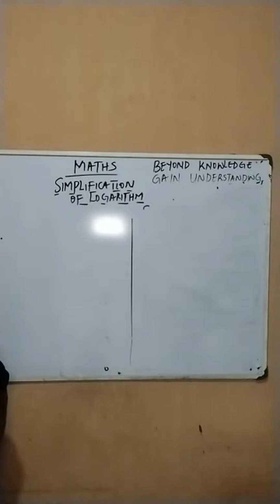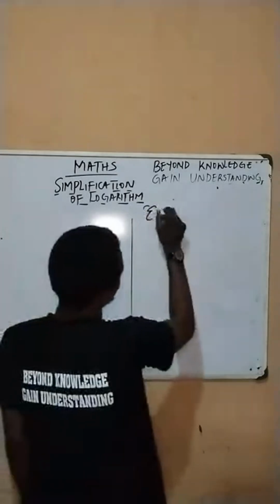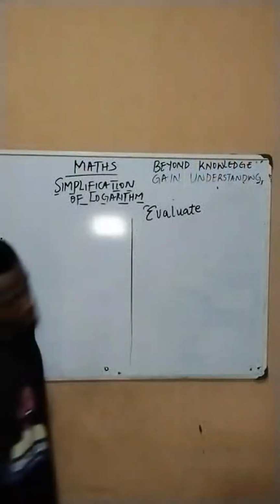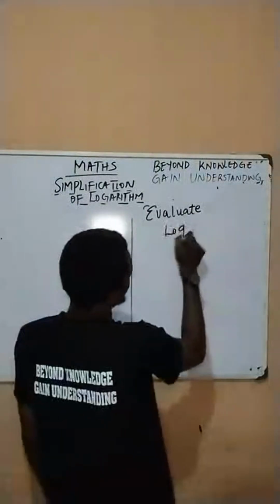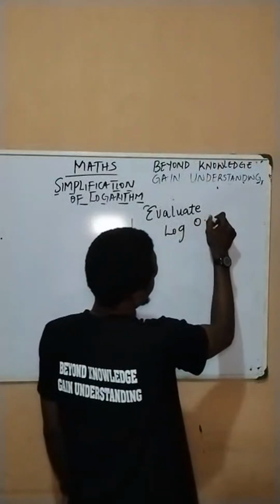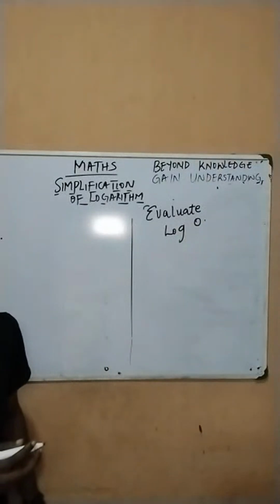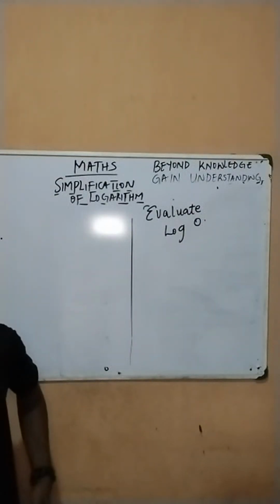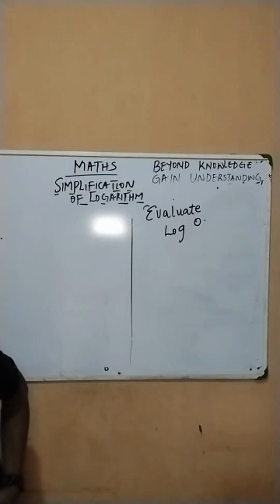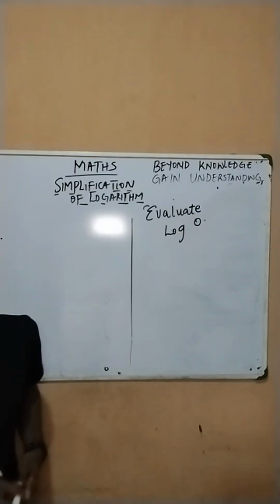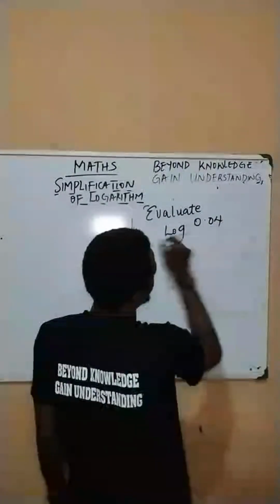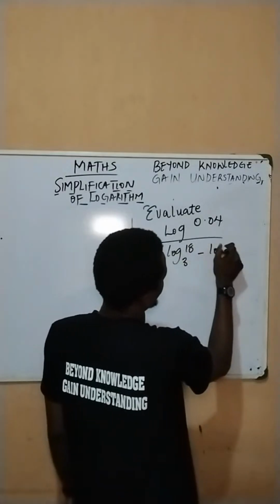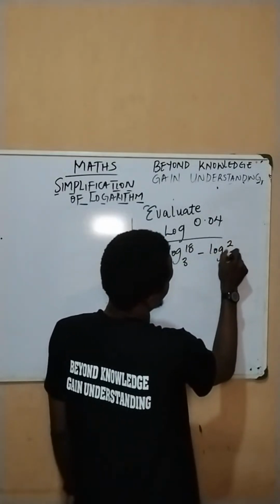So let me try this question with you all. Evaluate log 0.04 base 5 divided by log 18 base 3 minus log 2 base 3.